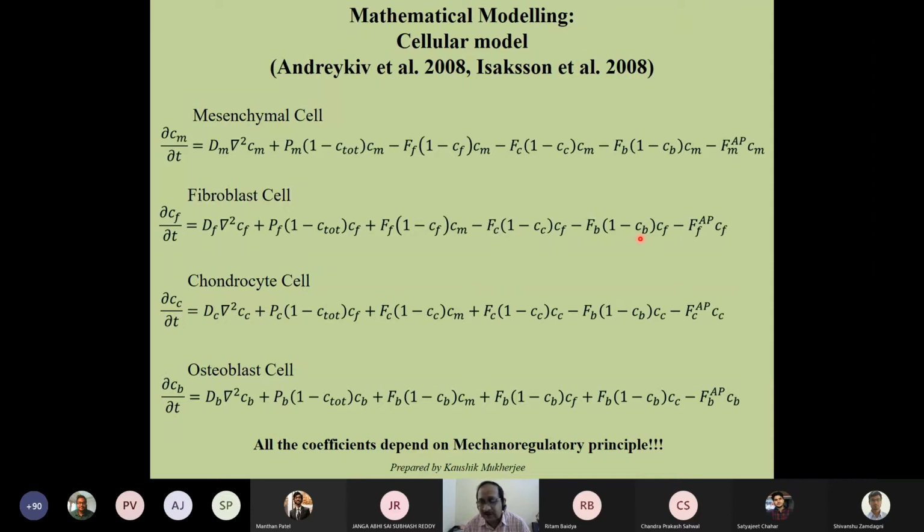There will be another slide later on for this. Similarly, this chondrocyte cell that has been differentiated from fibroblast will be added here. This coefficient is actually incorrectly typed. Can you notice this? The plus FC 1 minus CC into CF. This CF should have been here. This needs a little bit of typing correction.